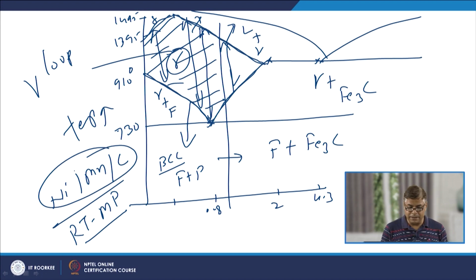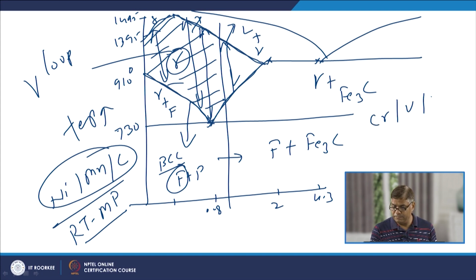On the other hand, there are a few other elements which tend to stabilize the ferrite, like chromium, vanadium, tungsten. These are the ferrite stabilizers.